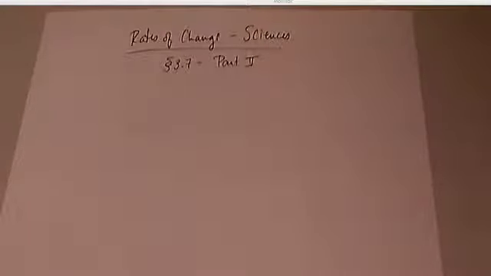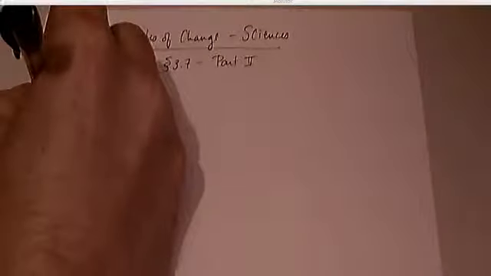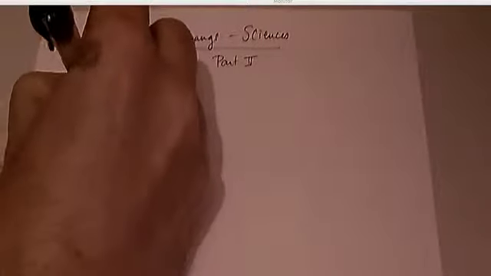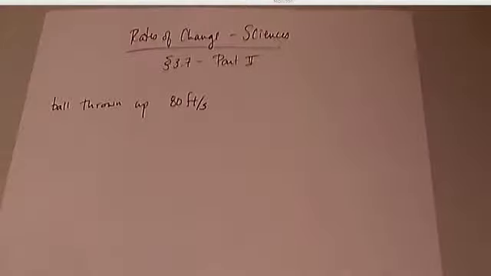Number 8 says, if a ball is thrown vertically upward at a velocity of 80 feet per second, so a ball is thrown up at 80 feet per second, okay?